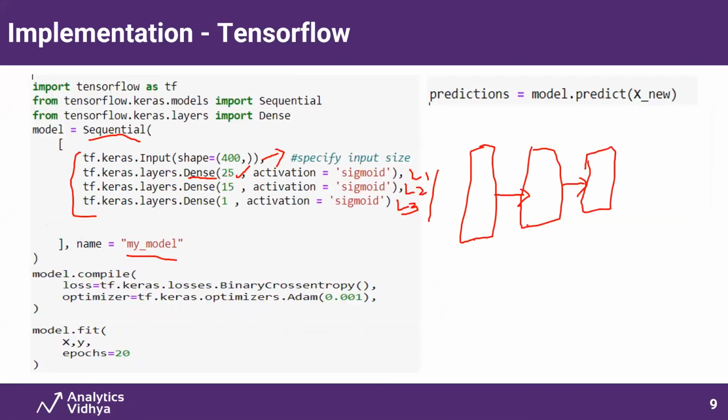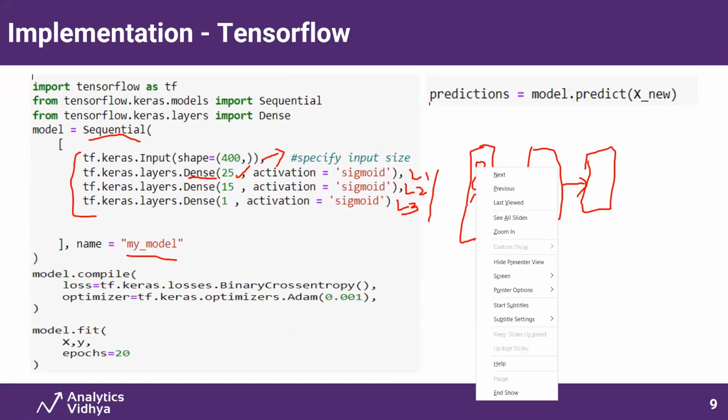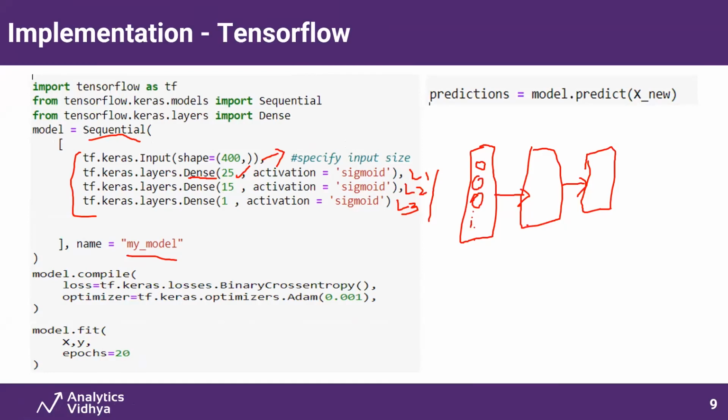Once you get the hold of how to build and optimize a neural network, these are numbers you can adjust based on your use case, based on how well or how badly your model is performing. So in layer 1 I tell TensorFlow to create 25 neurons, then 15 neurons in the second layer, and similarly 1 neuron in the last layer, because my output is like that.